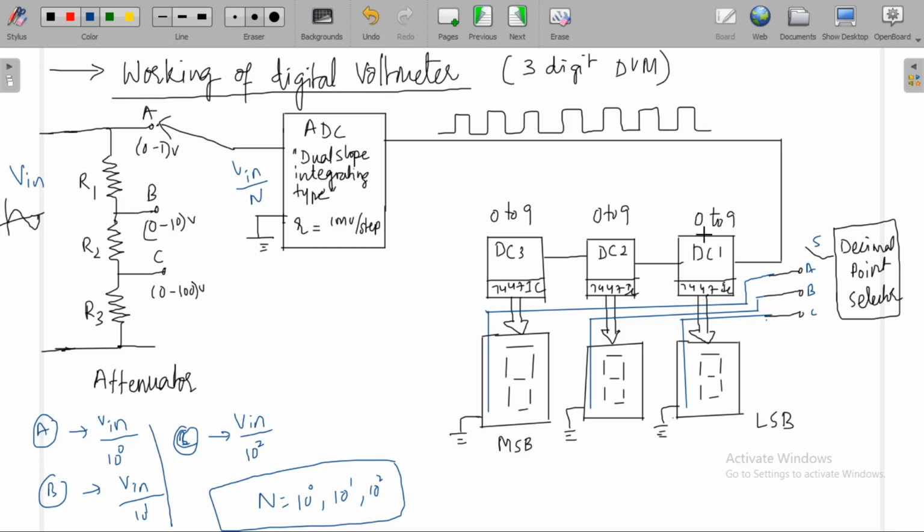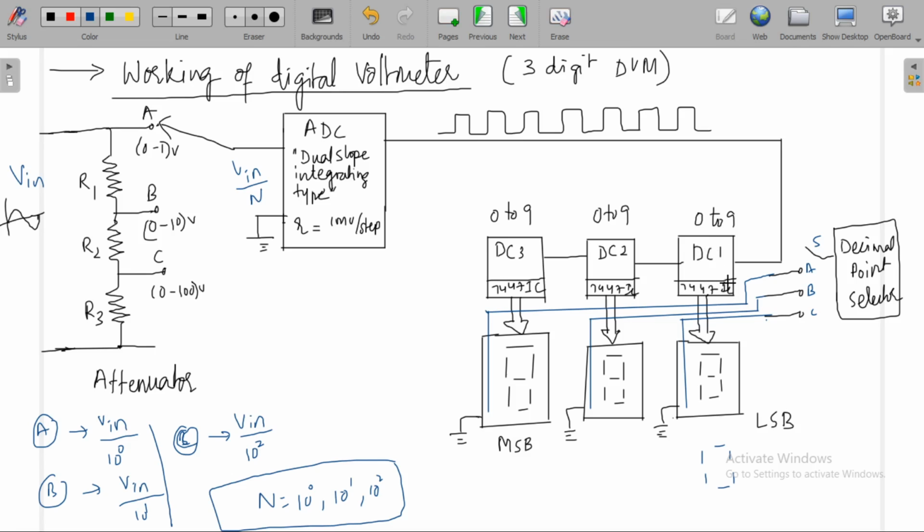If the BCD code is 0000, this displays 0 by turning on these LEDs except this LED. Likewise, it displays a decimal number depending upon the code given to this 7 segment display. If it counts one pulse, the code generated by this DC1 is 0001, that is the BCD code.